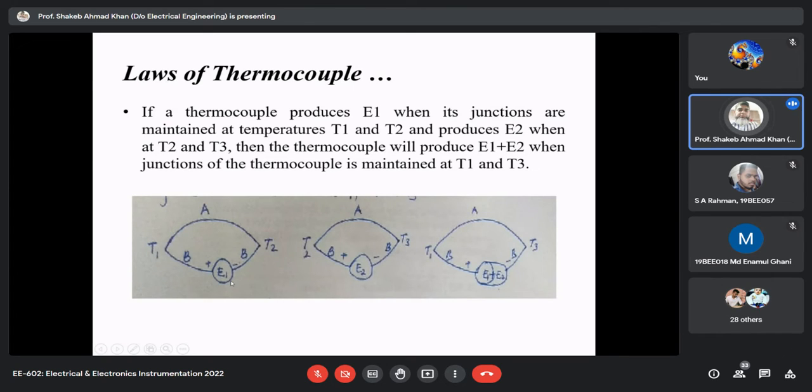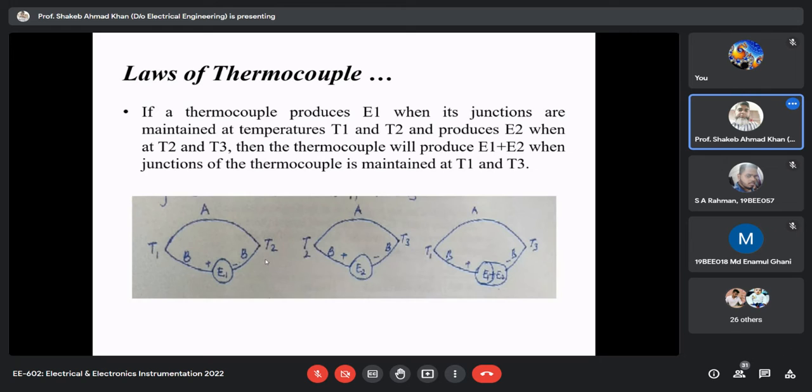If you read this value directly from the table, the temperature will be less than 80 degrees Celsius because of the higher reference junction temperature. So this is a potential cause of error in measuring temperature using a thermocouple when your reference junction is not maintained at 0 degrees Celsius.